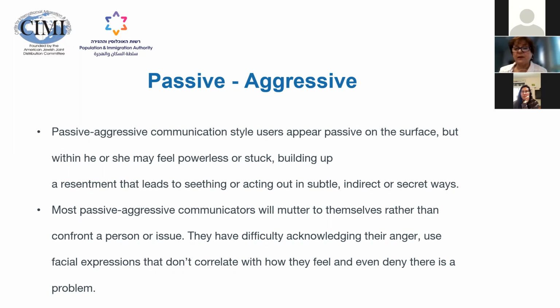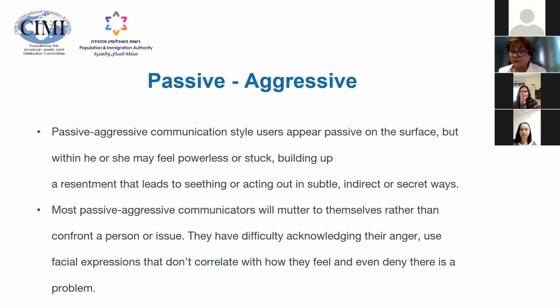Again, being a passive aggressive communicator, if we have to deal with that in our employer, makes it very difficult because they are passing double messages. Okay, perhaps they're smiling, but underneath the smile they're angry. Perhaps they're in pain, but are not showing it.